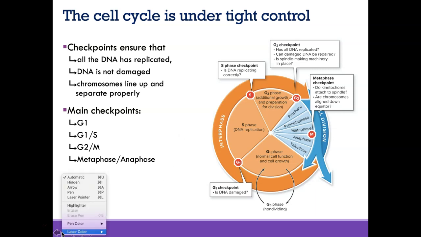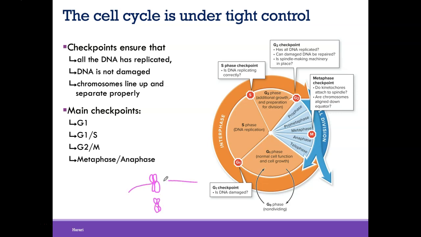For example, I will draw something as best I can. So suppose I have, that's one chromosome, and here's another chromosome. So suppose in this organism, there's only 2 chromosomes. And microtubules pull from each side. So if there are 2 microtubules, then these are going to be separated, right?